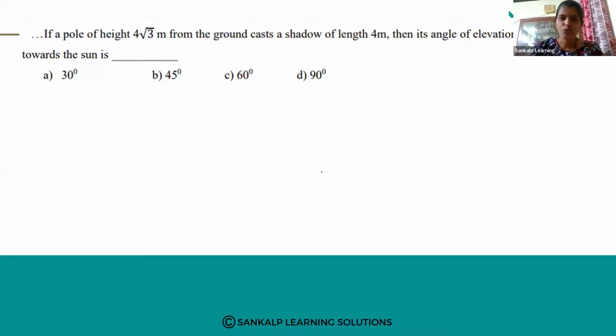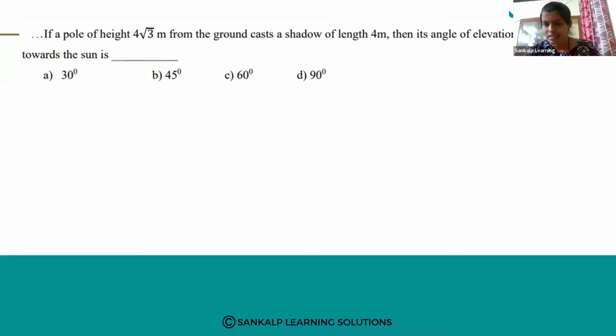The pole of height 4√3 meter casts a shadow of length 4 meter. There is one pole, and a shadow is formed from that pole. The length of that shadow is 4 meter and the height of the pole is 4√3 meter. Then we need to find out the angle of elevation towards the sun.